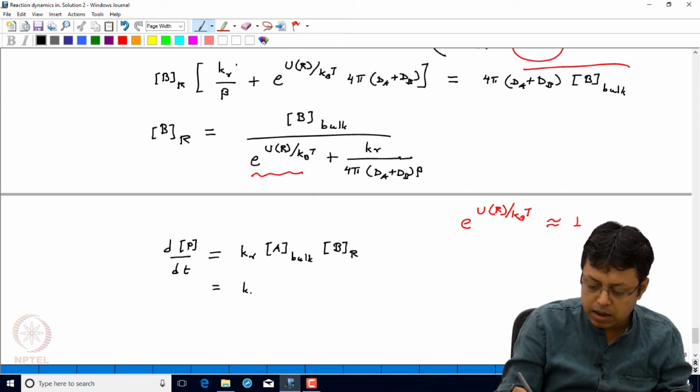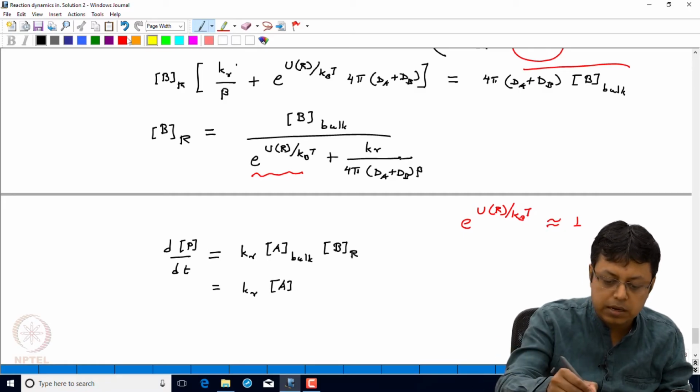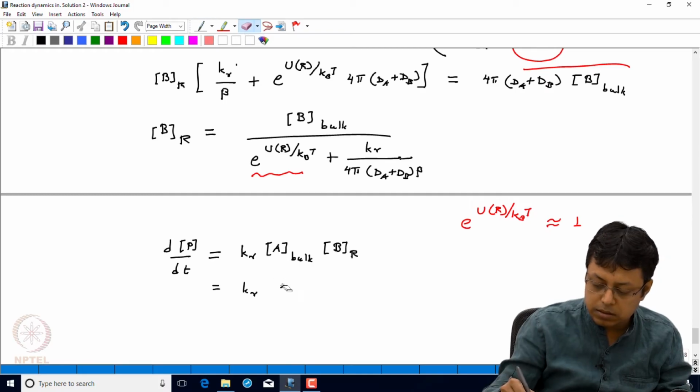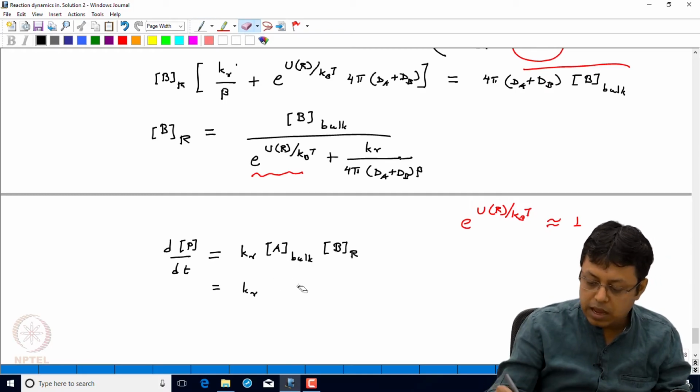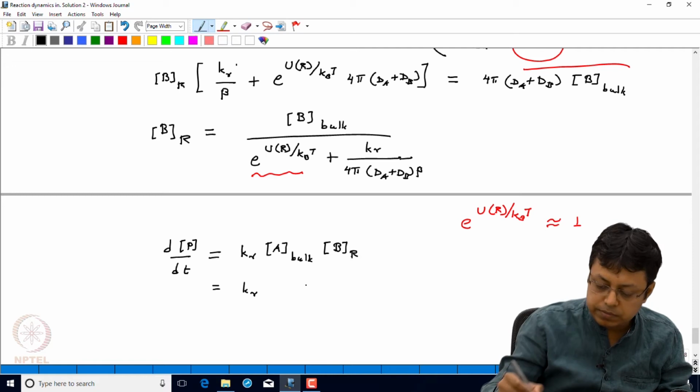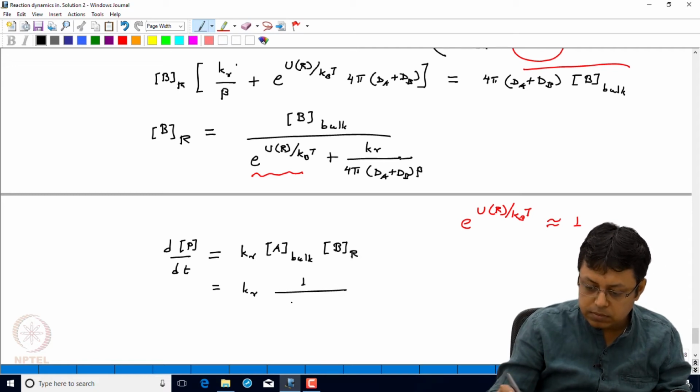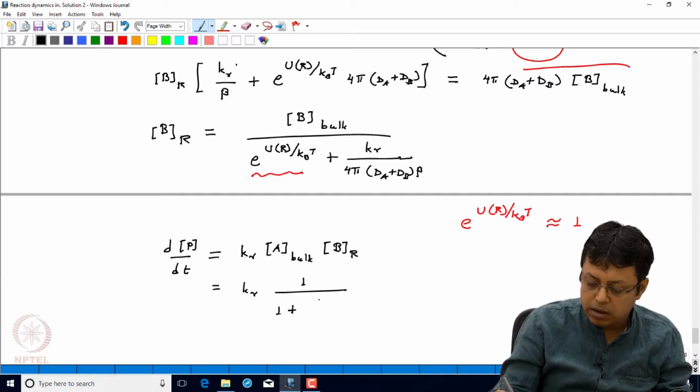So I'll have Kr times A bulk, so we'll have 1 over, since this term I have taken to be 1, Kr by 4 pi dA plus dB into beta, times A bulk into B bulk.